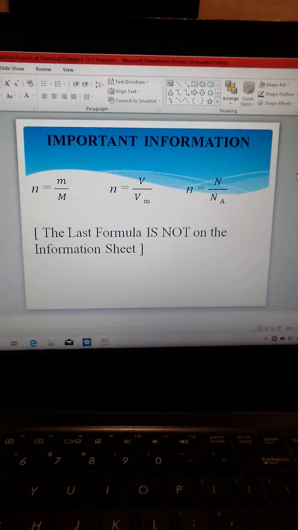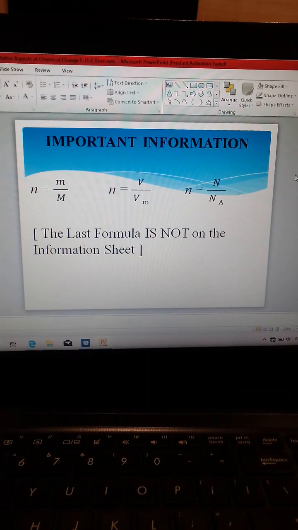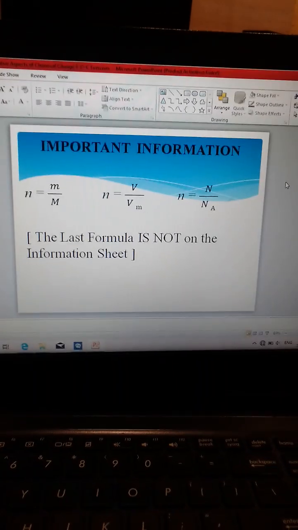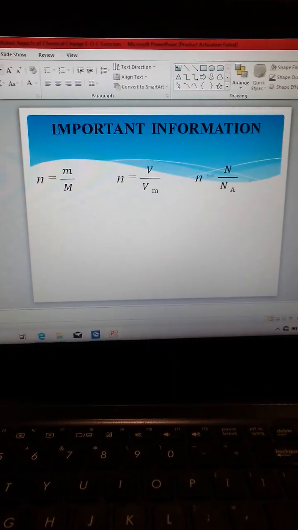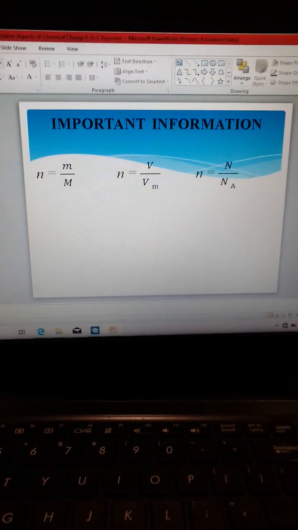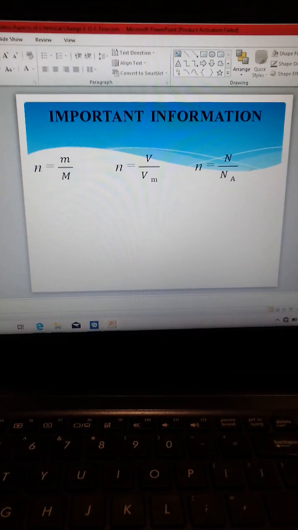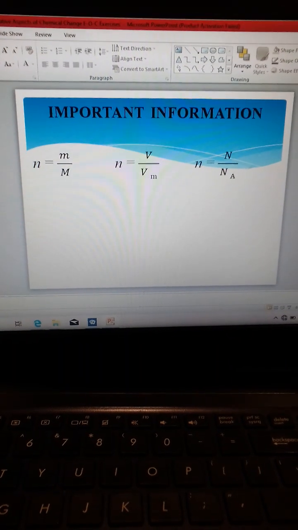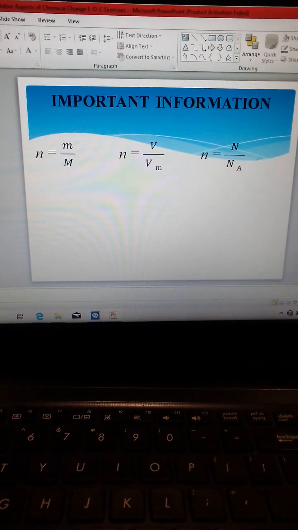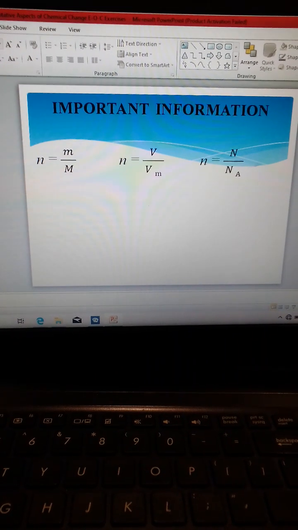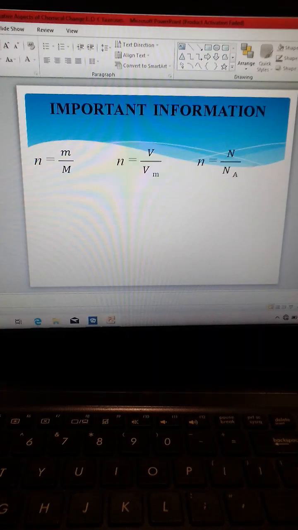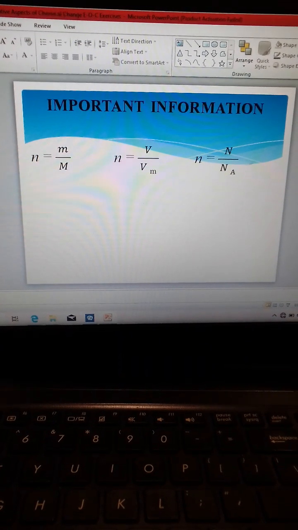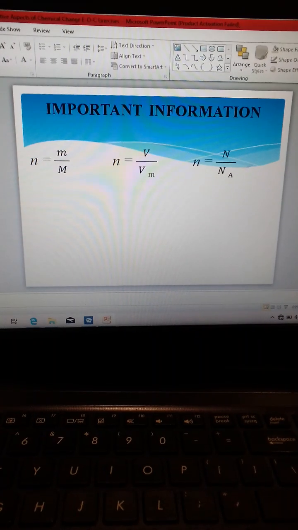Some important information. The important information that you should already be familiar with are the formulae. Number of moles is equal to mass in grams over molar mass in grams per mole. Number of moles is volume of the gas in dm cubed over molar gas volume, which is in dm cubed per mole.